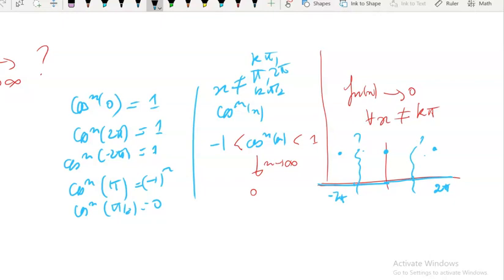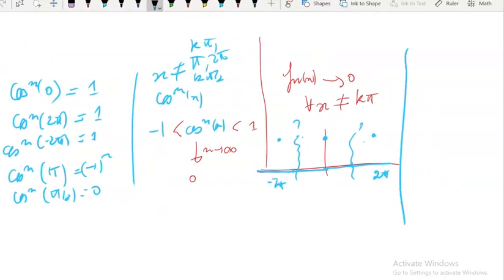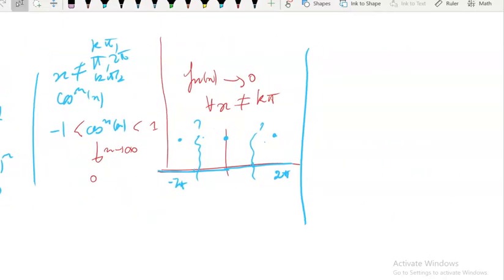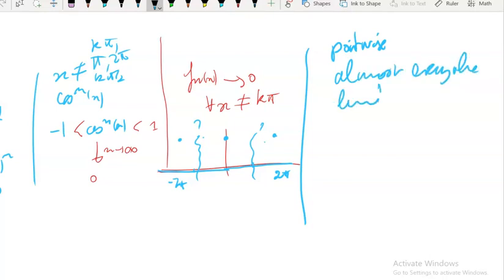So what's happening here? We can't give a pure limit function, a pointwise limit function, but we can give the pointwise limit almost everywhere. Almost everywhere it's going to be equal to the 0 function.